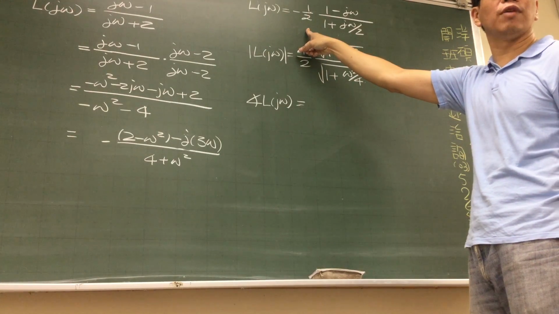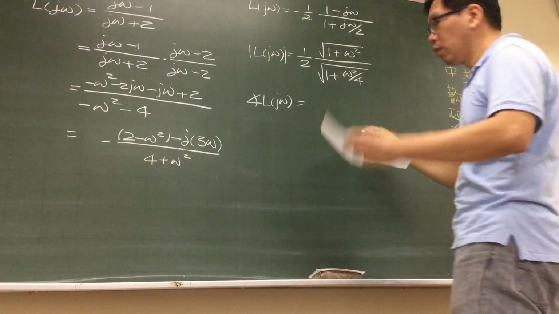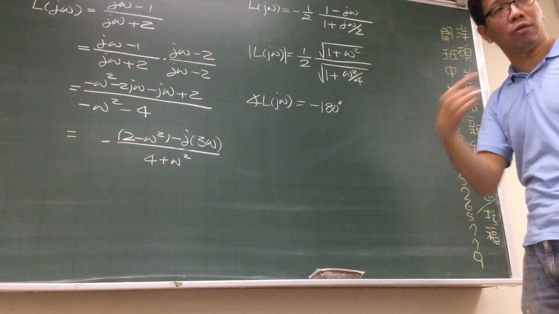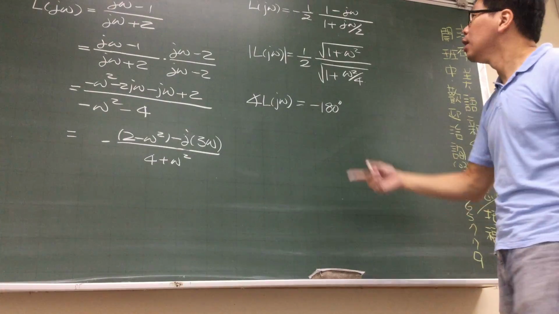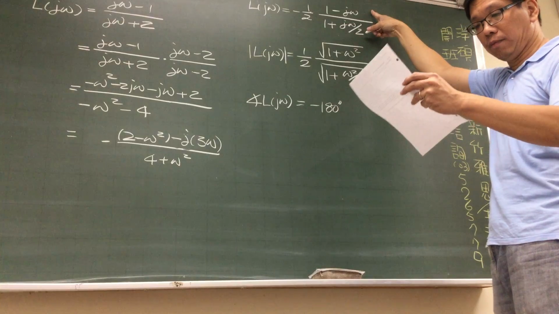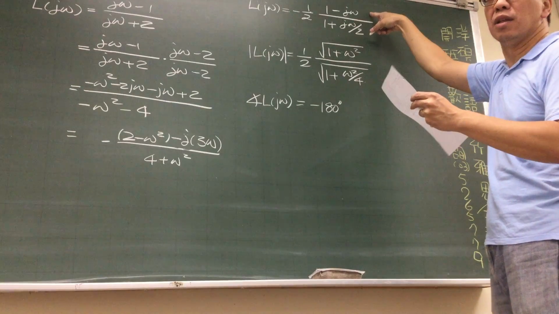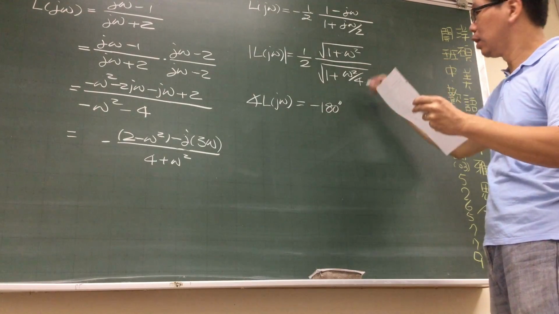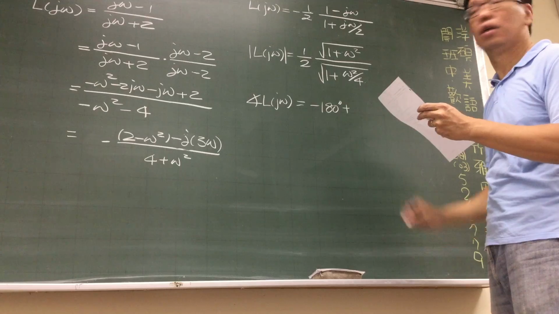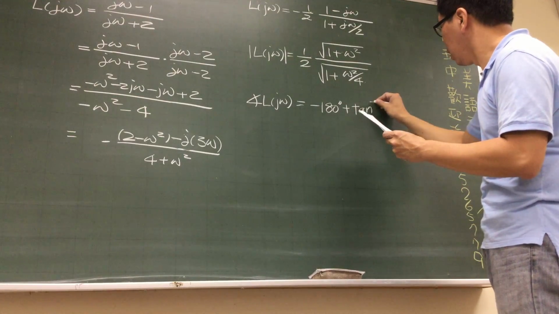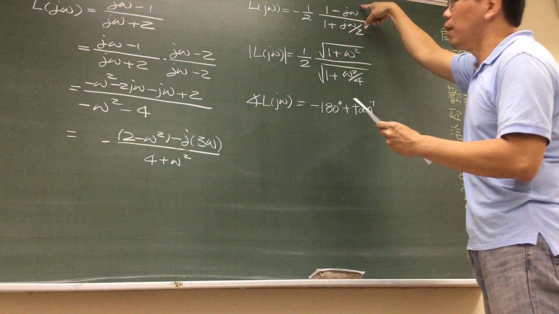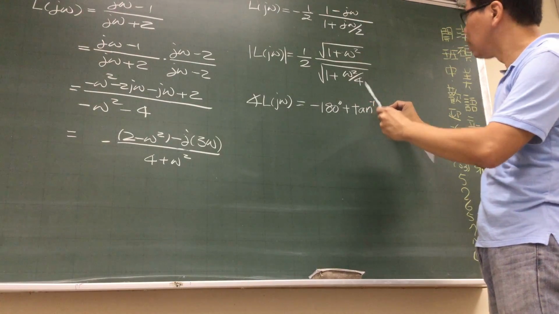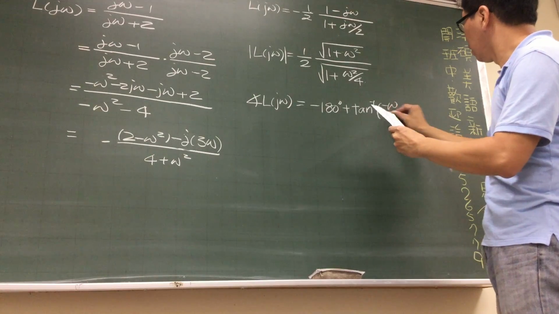So when we have a negative sign in front of it, what do we have? We have negative 180 degrees directly because it's a negative sign. Now we take care of the real part, the numerator part. Since this is a numerator, this is going to be plus tangent of imaginary part divided by real part. So it is going to be negative omega over 1.